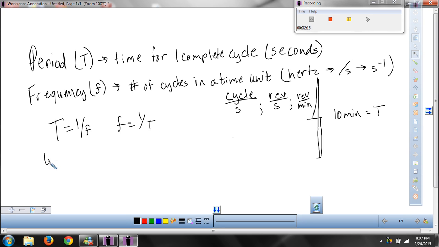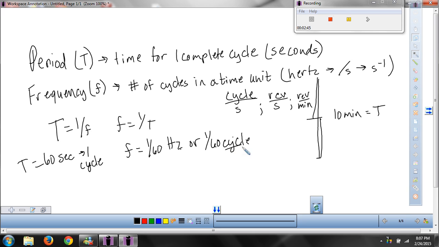So if I know that it takes me 60 seconds to make one complete cycle, that's my period. My frequency is going to be 1/60th of a hertz, or I could say I've made 1/60th of a cycle per second.